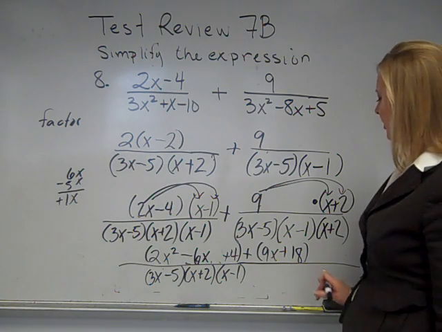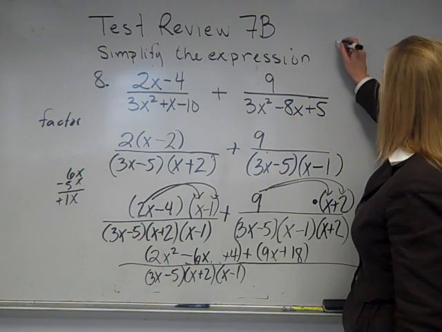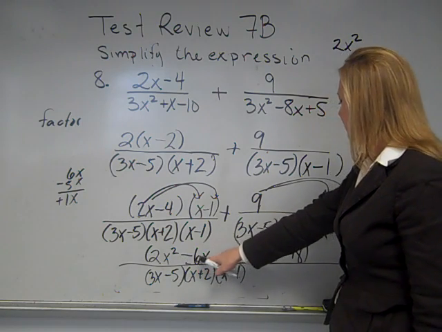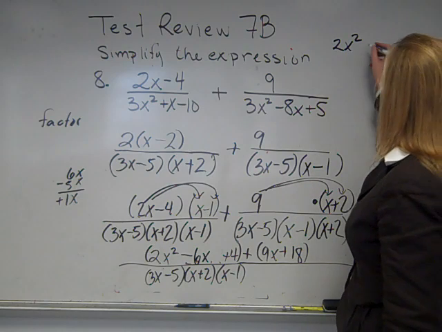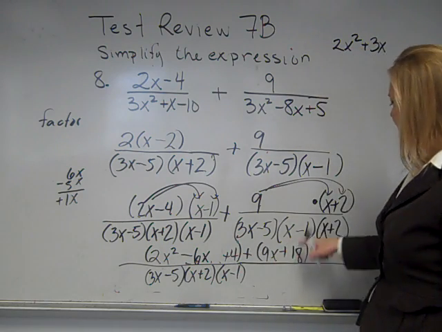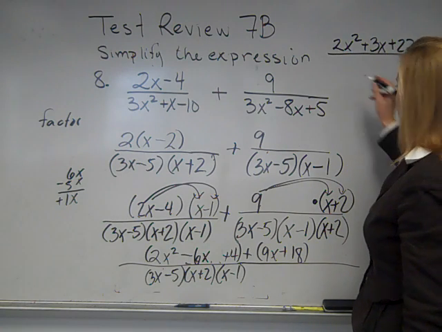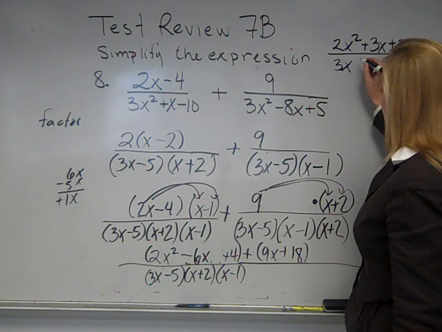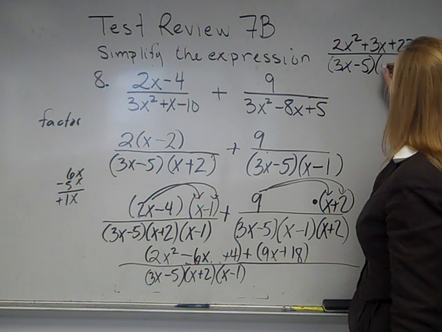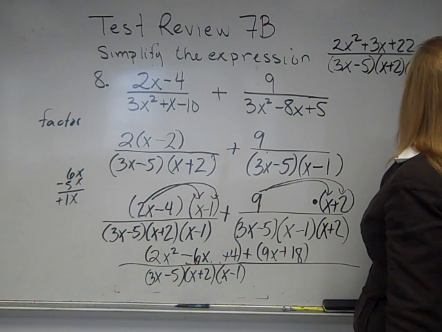Let's come to the side and start adding like terms. I don't have any more x squared, so I'm going to write that 2x squared minus 6x plus 9x would give you a plus 3x, plus 4 plus 18 would give you a plus 22, all over 3x minus 5, x plus 2, x minus 1.